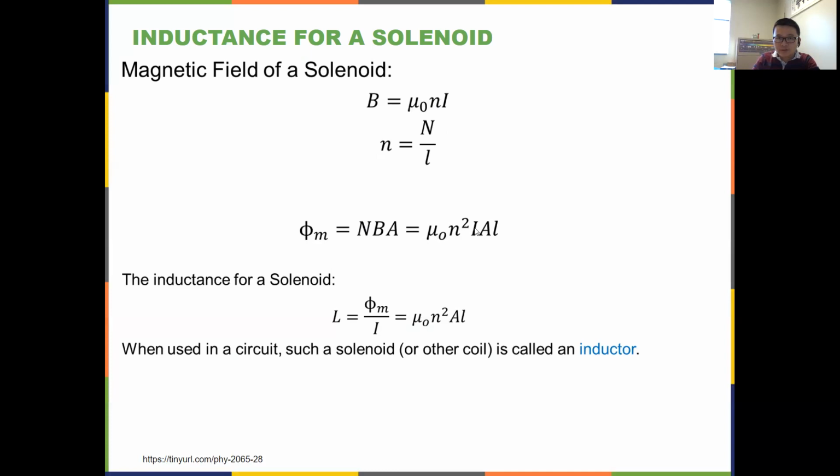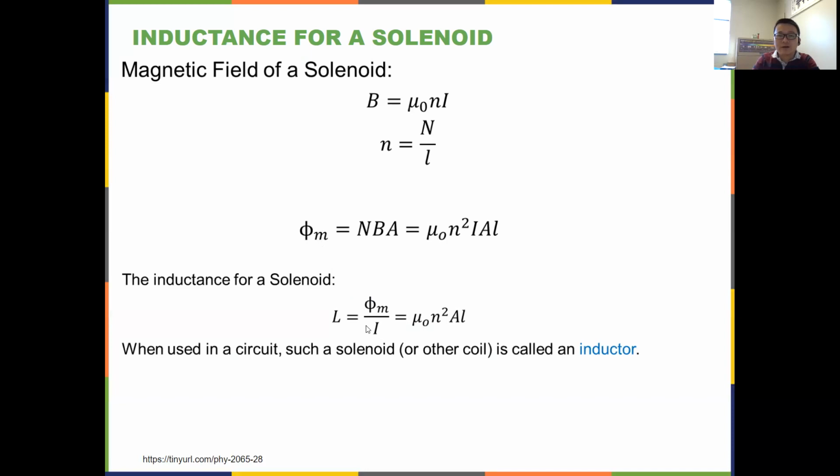So mu naught n squared I A l. So the flux goes from 0 to this value, and the current goes from 0 to I. So delta flux will be equal to that, and delta I will be equal to that.